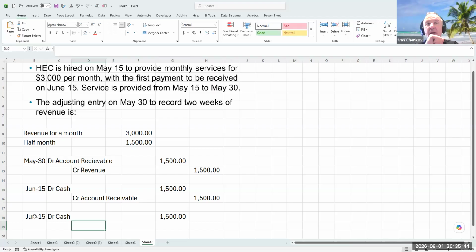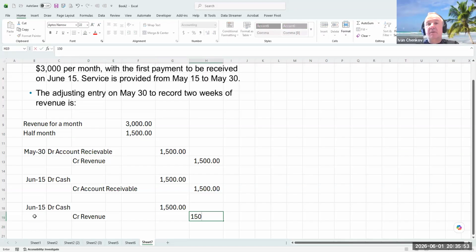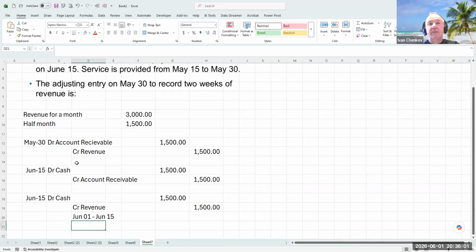But now we're not going to credit accounts receivable, I'm going to go directly to credit revenue. Because that will be for the period from June 1st to June 15th. This first one was from May 15th to May 30th. Make sense?